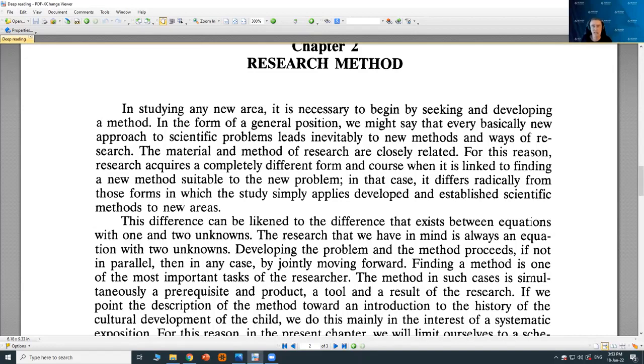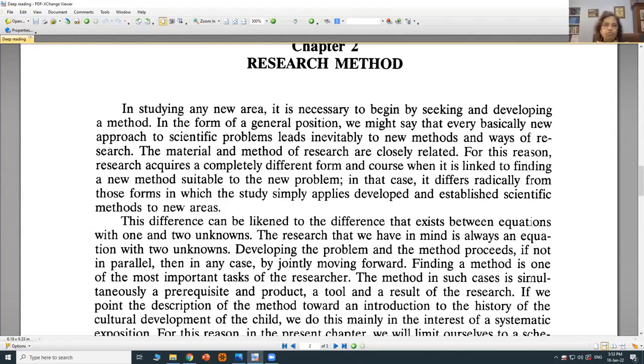Okay. I think, can I come in? Yeah, of course, you should. Yeah, I thought he's trying to show the mismatch between an old method and a new problem. And he says it's something like driving a square peg into a round hole.